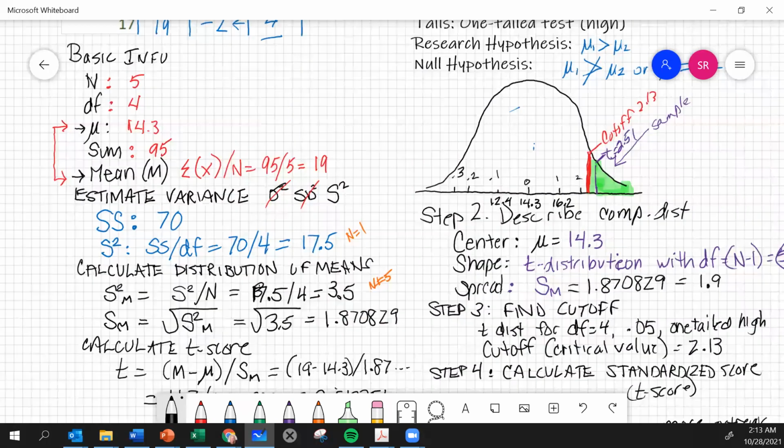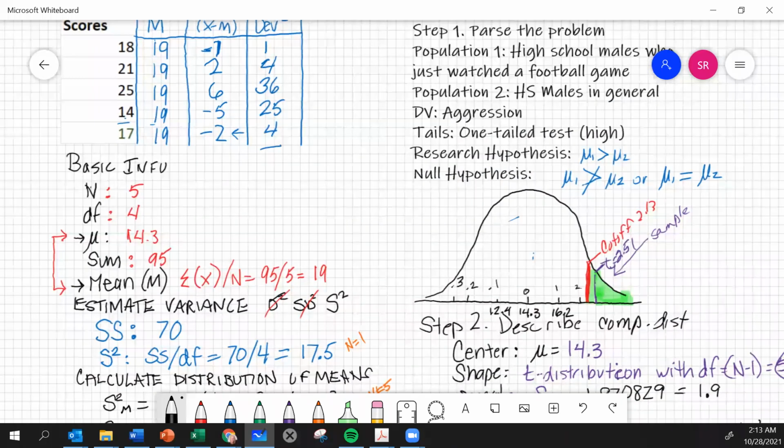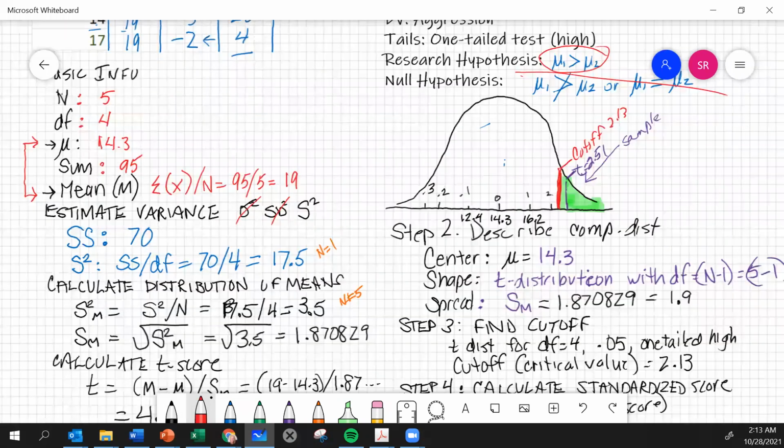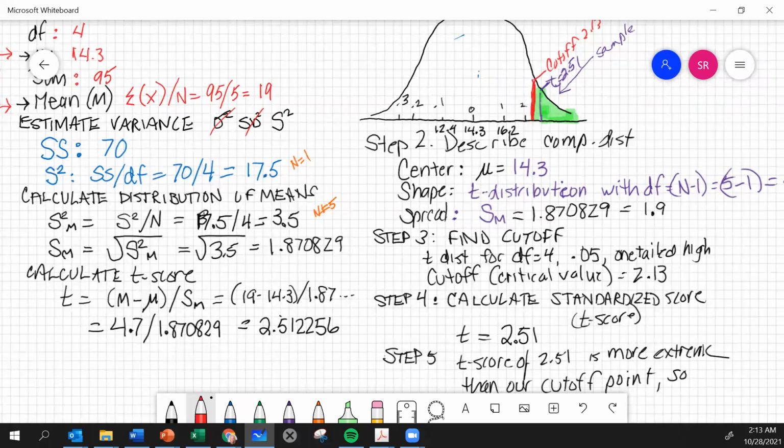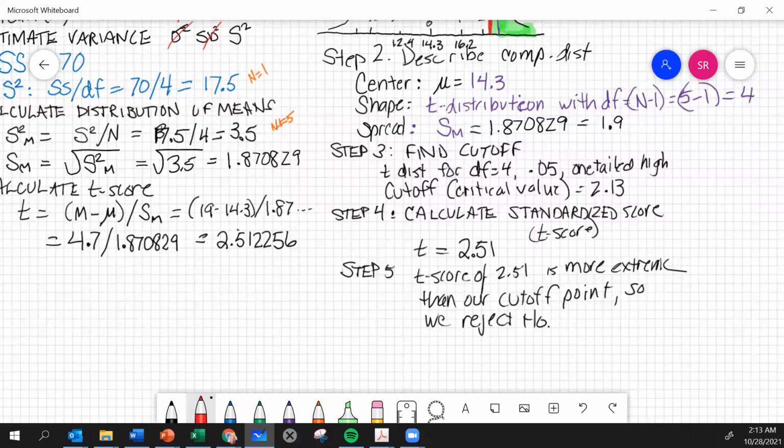If we reject our null hypothesis, we essentially cross it off, and all we're left with is this. And so the research hypothesis is supported, and we can say we reject the null hypothesis.